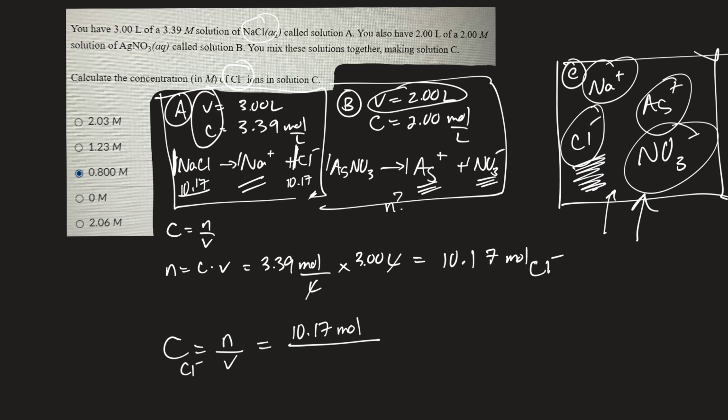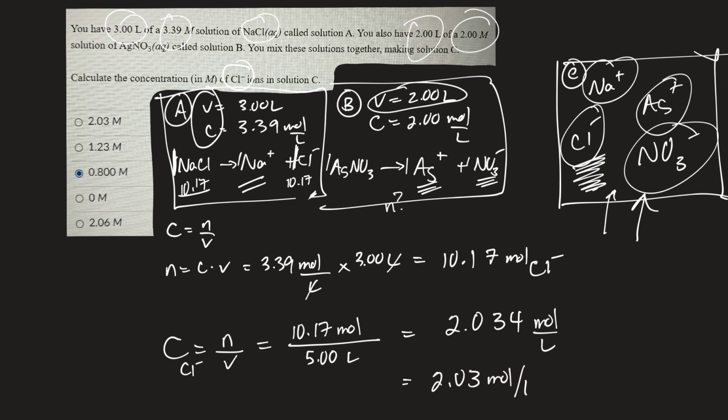So I've got 3 plus 2, which is 5.00 liters. If I divide that, I get 2.034 moles per liter. Rounded to 3 sig figs, it'll be 2.03 moles per liter.